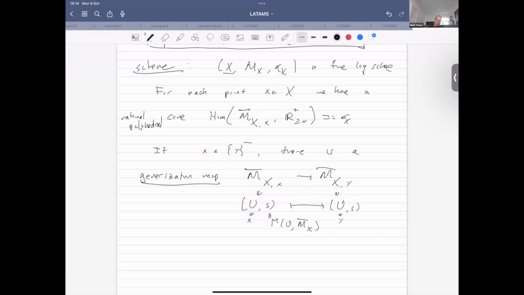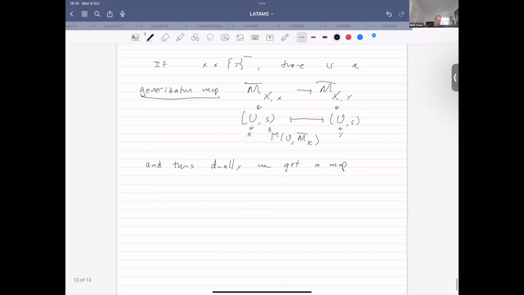And then dually, we get a map of cones, which goes from sigma_y to sigma_x. And in fact, it turns out to be an inclusion of faces.